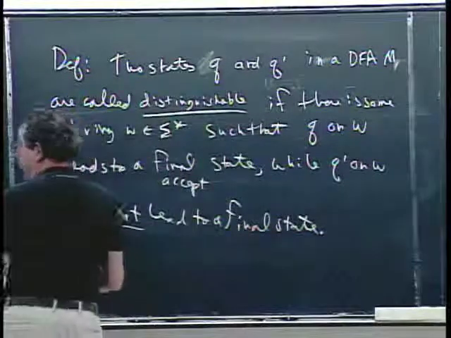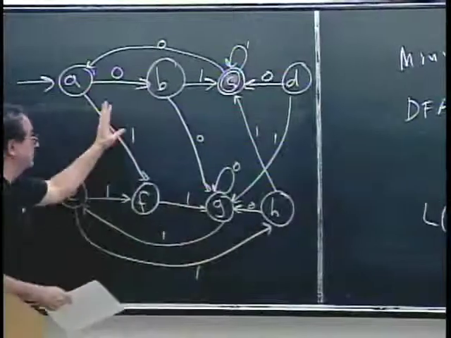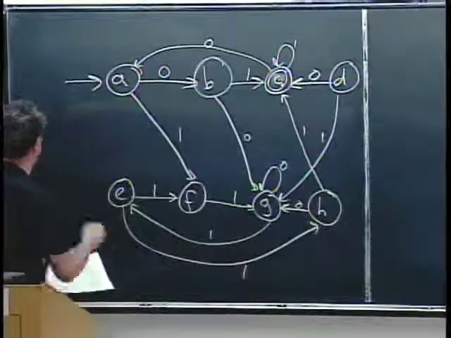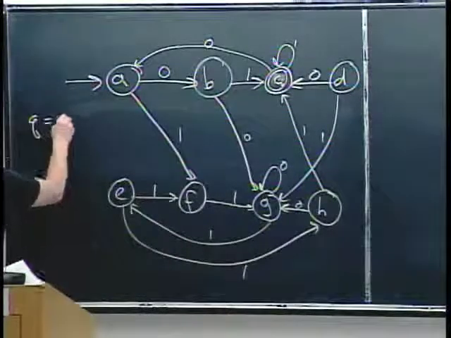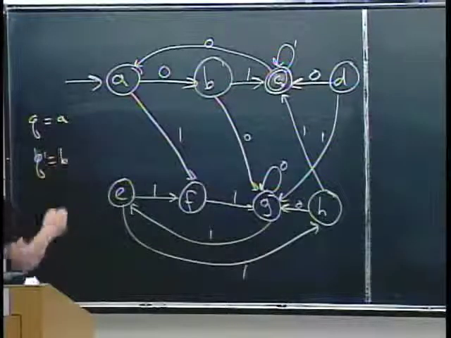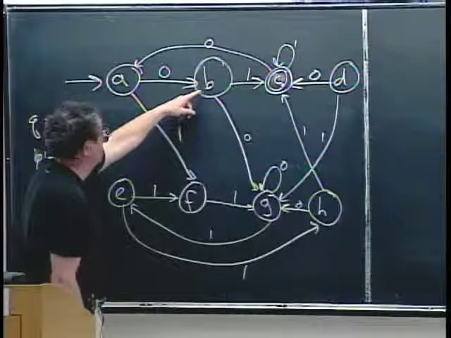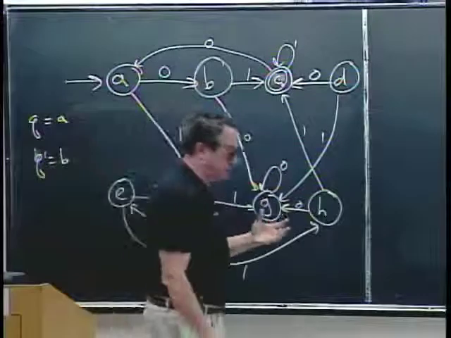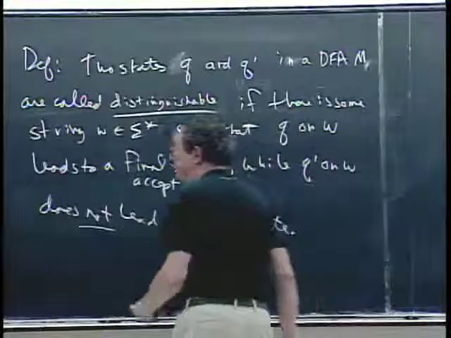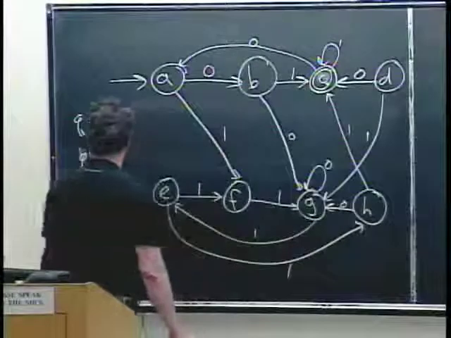Okay, so for example, looking at our big example here, let's take two states A and B. Actually, in order to be exactly in conformity with this definition, I want to reverse who plays the role of Q and who plays Q prime.